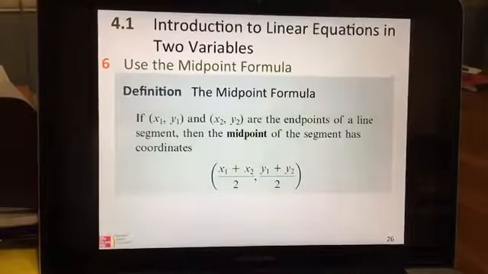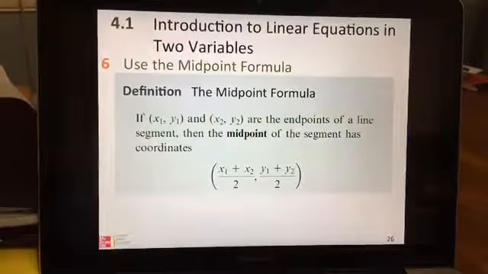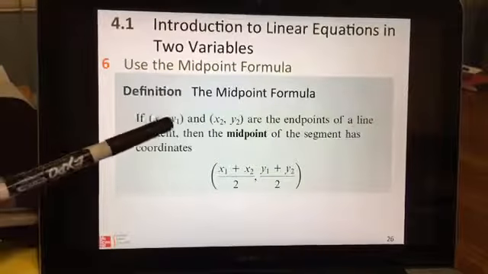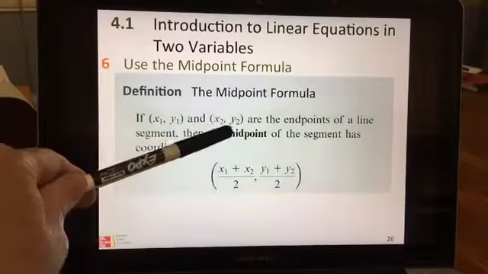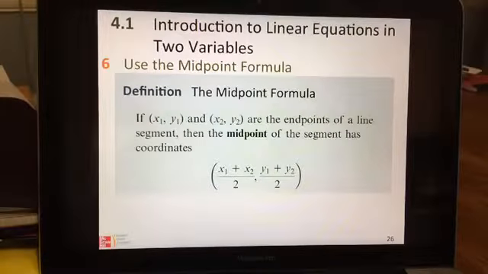Now, we're coming to the midpoint formula. The midpoint formula is a halfway point between two other points. So, if (x1, y1) and (x2, y2), now this is mathese for just designating 2 points on the plane, any 2 points on the plane, are the endpoints of a line segment, then the midpoint of the segment has coordinates.